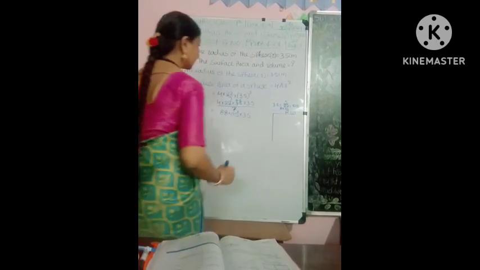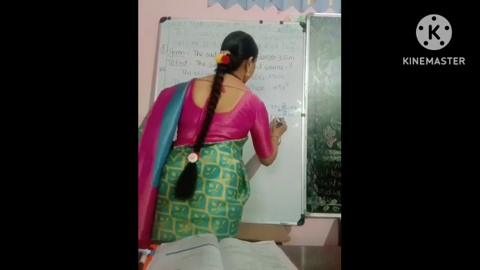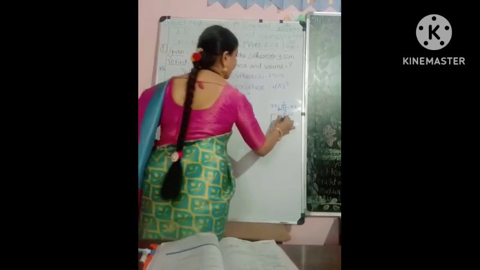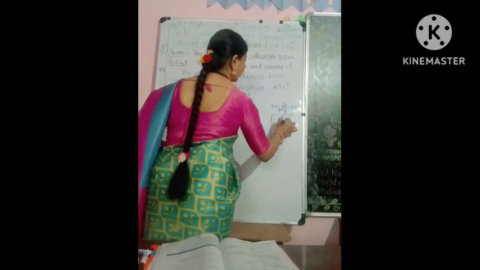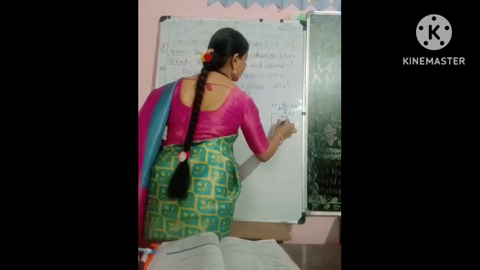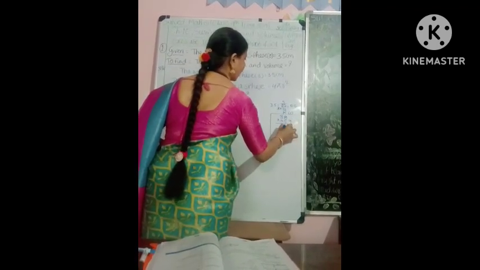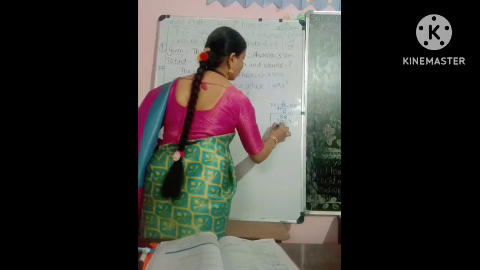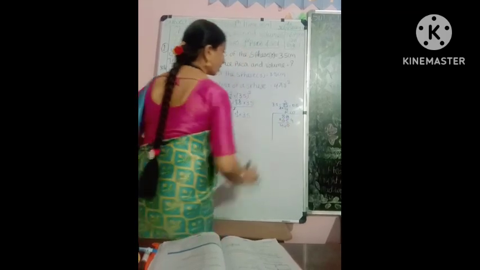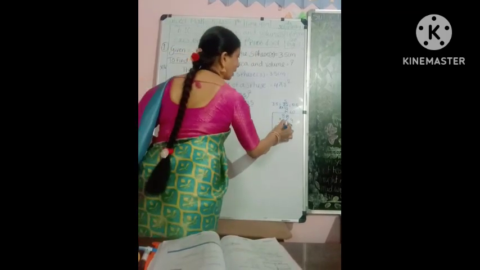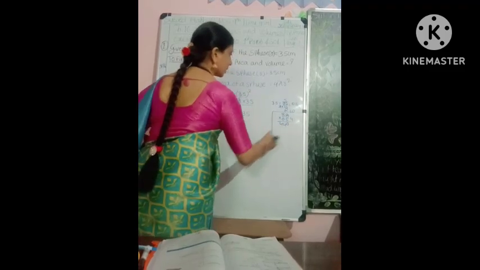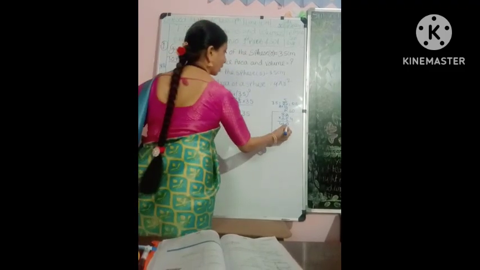Multiplication of these three: 88 into 0.5. 5 8s are 40, 40 plus 4 is 44. After the decimal, how many digits are there? A single digit, so put the decimal point here.